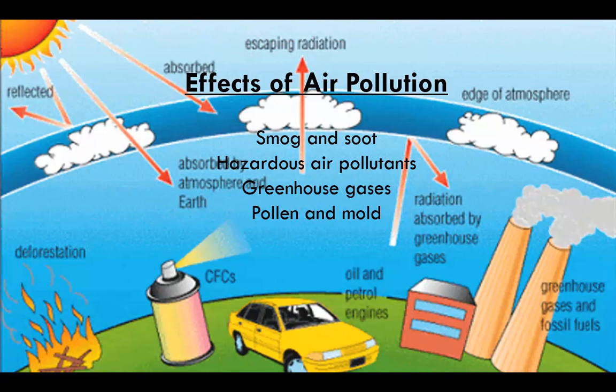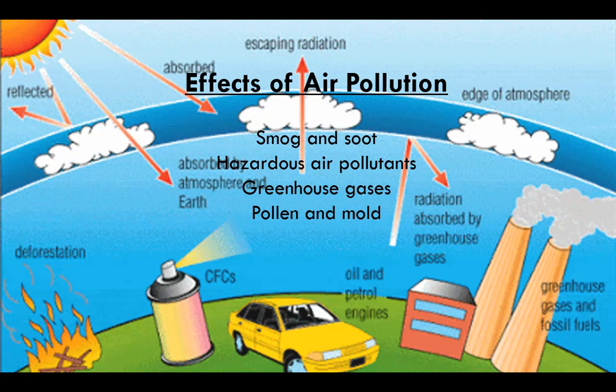The most prevalent types, two of them, are smog and soot. Smog, also known as ground level ozone, is formed when emissions from combusting fossil fuel react with sunlight. Soot is tiny particles of soil, dust, gas, or solids in the air.